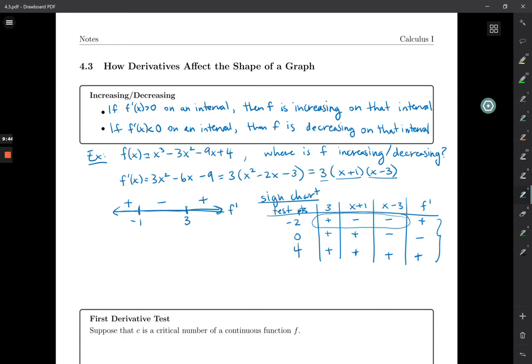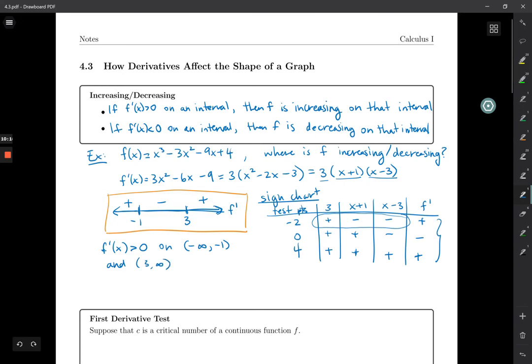Okay, and so what conclusions can we make? I'll go ahead and box this. This is the result of our work, and it tells us that f prime is greater than 0 on the two intervals minus infinity to minus 1 and 3 to infinity.